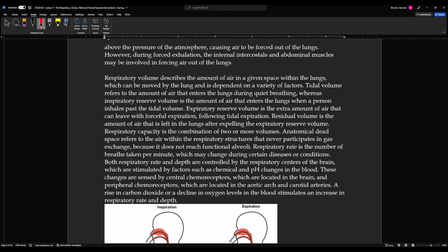There are two main things that kind of influence this, but the biggest of this is related to anatomical dead space, which is where air can get into the lungs and it doesn't actually ever participate in exchange because there's no functional alveoli to reach.